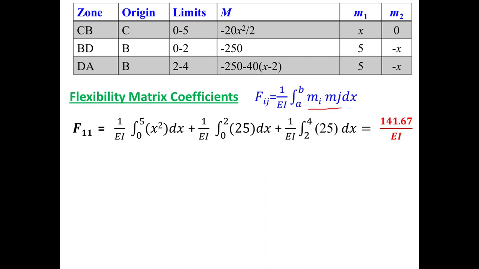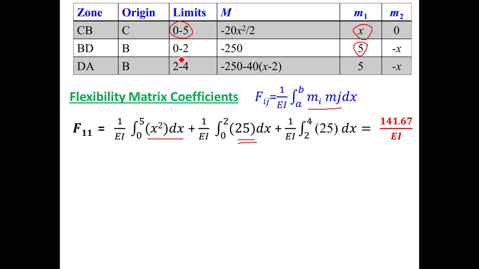Okay. So F11 is equal to small m1 into M1. So first zone, M1 column, element is x. So x into x, x square. Limits are 0 to 5. Second zone, M1 column, it is 5. So 5 into 5, 25.